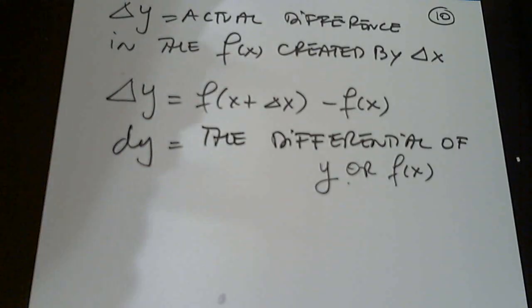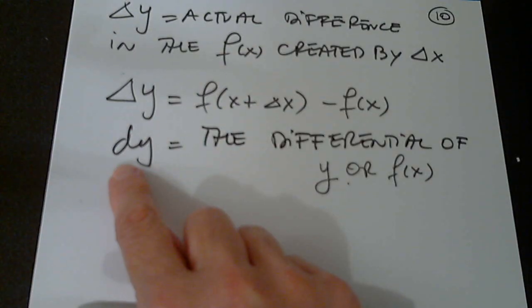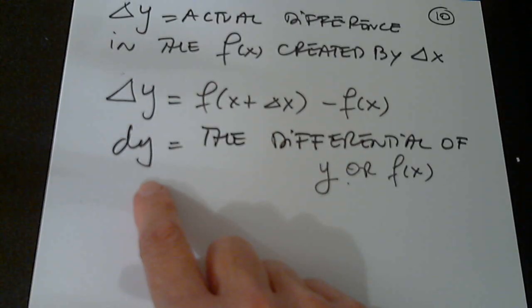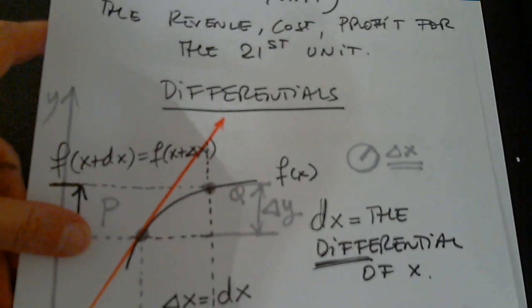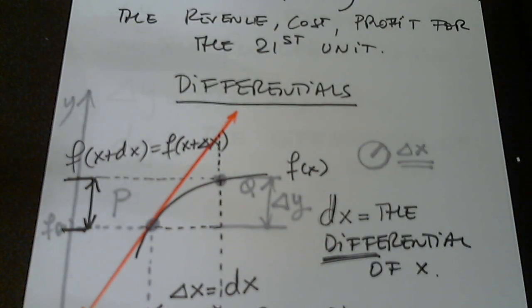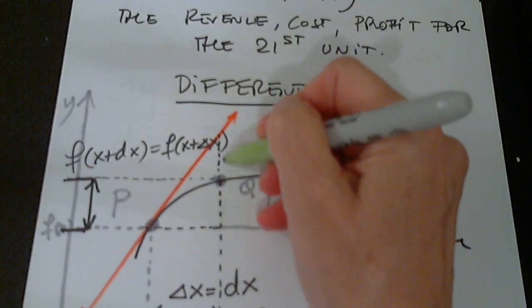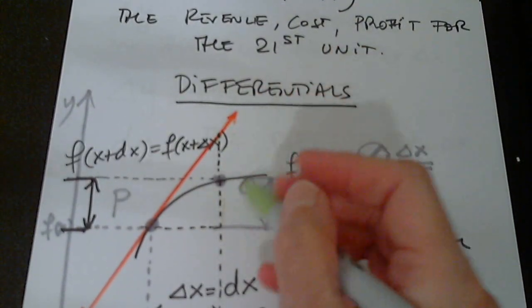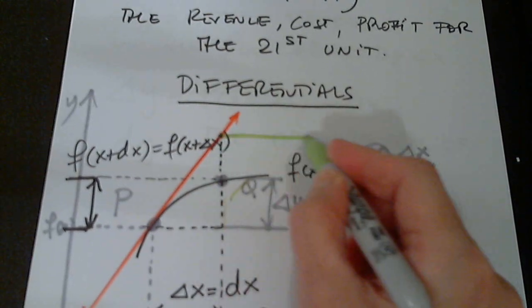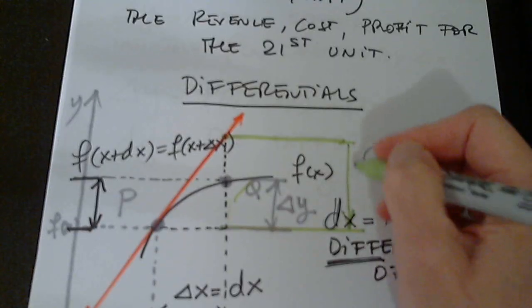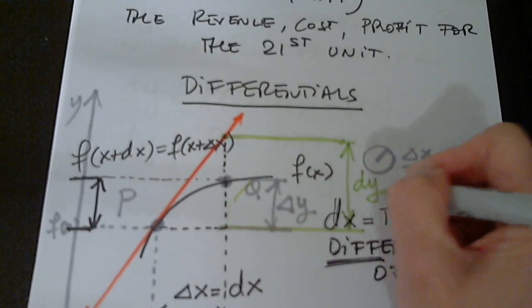Okay. Since it has d in it, and it's called differential, it has to involve the derivative. So here it is. That's why I extended this line to meet the tangent. This is dy.